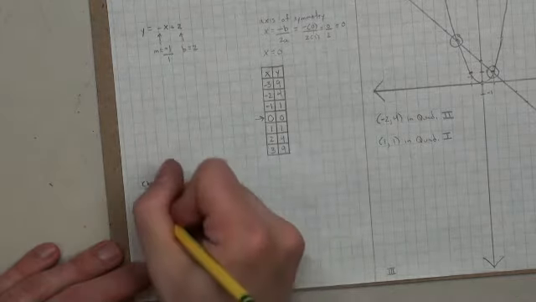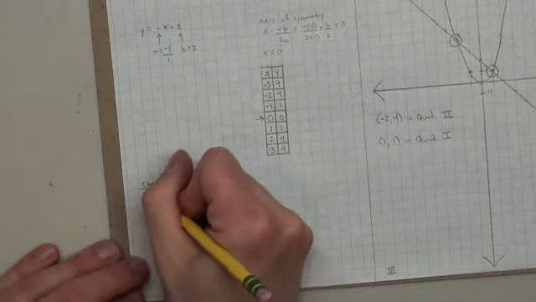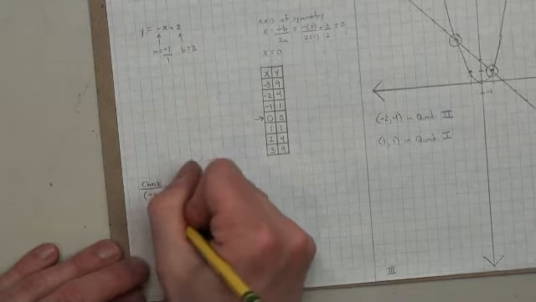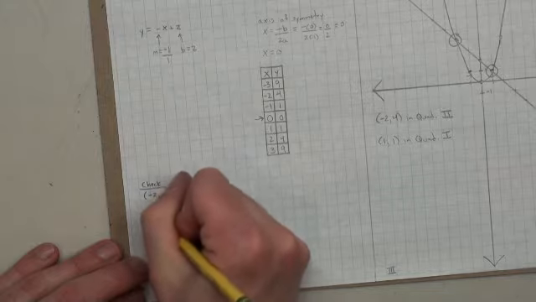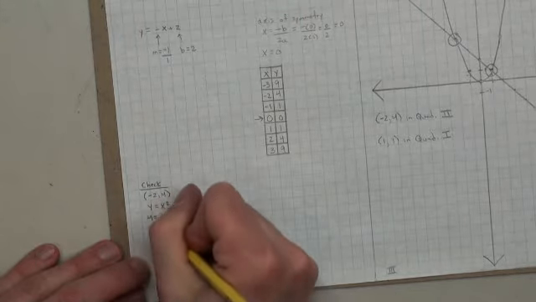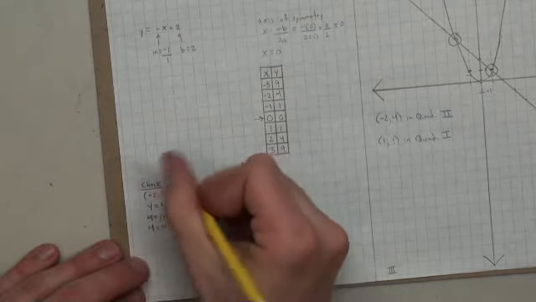algebraically. Okay, so let's check the first point, negative 2 comma 4, and we'll check it in y equals x squared. 4 equals negative 2 in parentheses squared, so 4 equals 4. That checks.